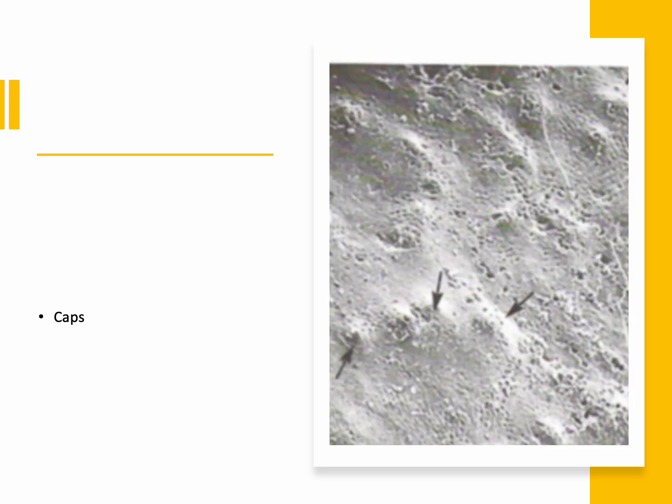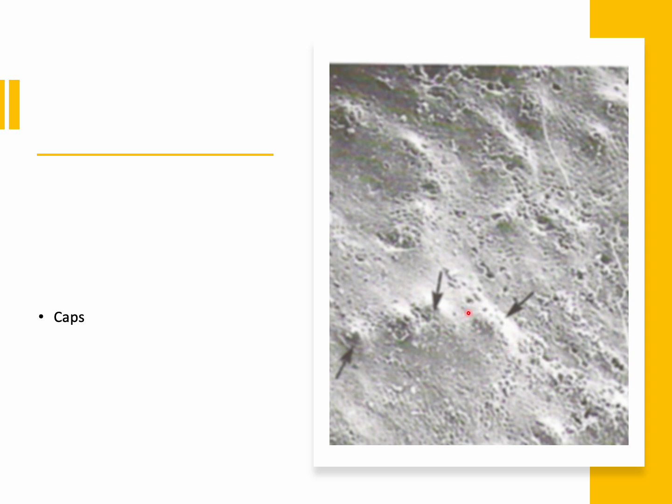Also, if we take a closer look by electron microscope on the surface of enamel, we can see these elevations on the surface of enamels. They are caused by some debris sitting on the surface and the ameloblast coming and covering it with secretion. They are called caps.